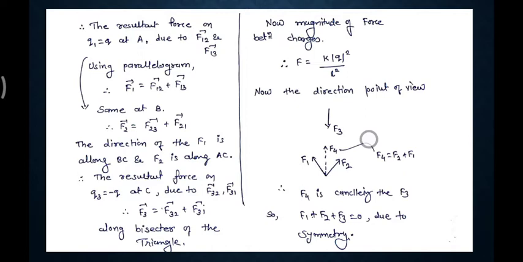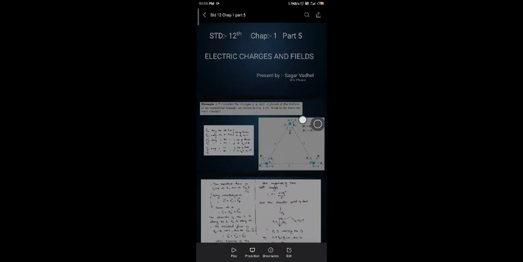You will not go to either side, you will go at an angle in between. This is what I am trying to make you understand. The parallelogram rule tells us that F12 and F13 have a resultant, which I am indicating as F1. Sorry.